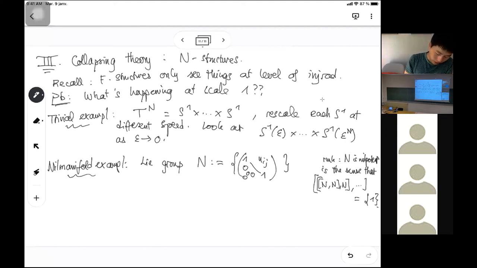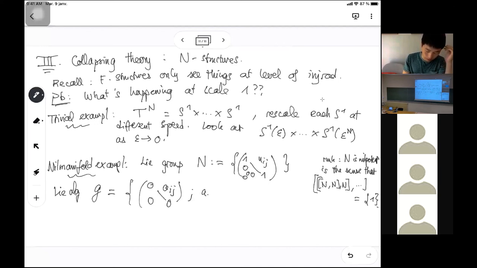Anyway, now let's look at the Lie algebra of this Lie group. The Lie algebra is going to be matrices with 0 everywhere and some coefficients above, whenever you are in the strictly upper side of your matrix.